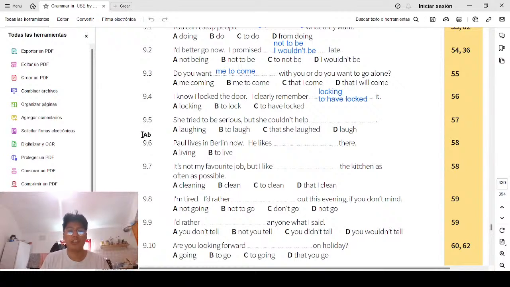Next one. She tried to be serious, but she couldn't help laughing. In this case, you can't avoid doing something. She tried to be serious, but she couldn't help laughing.